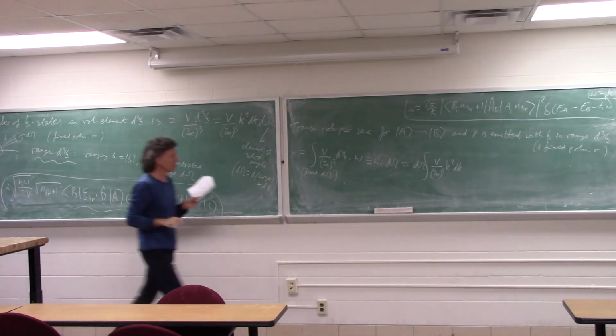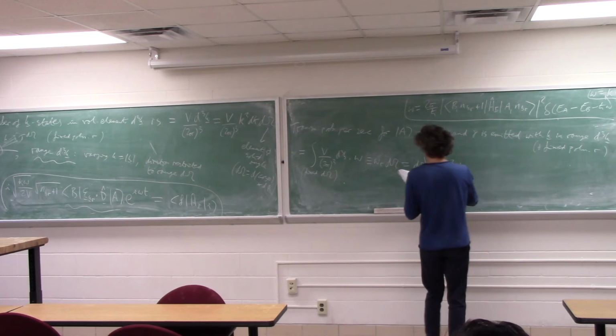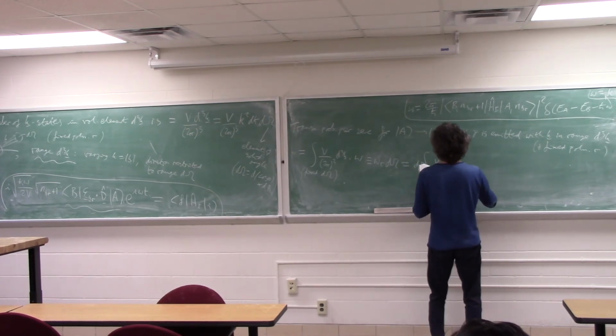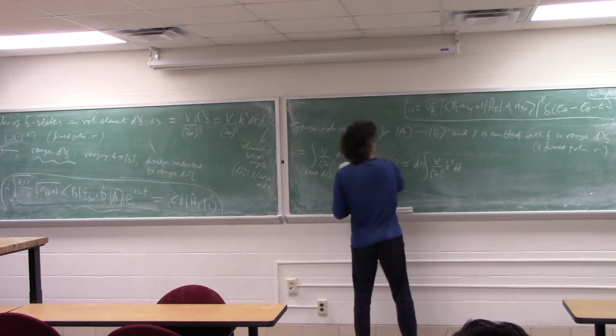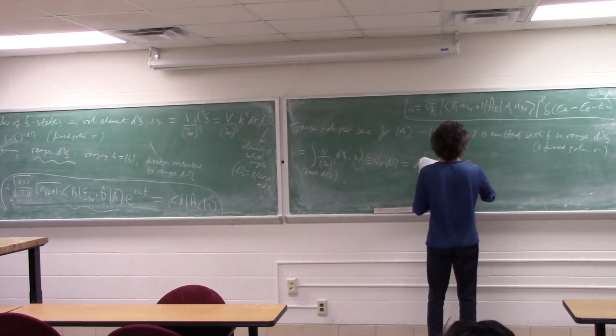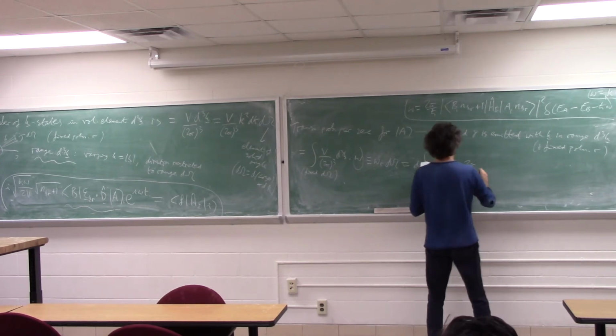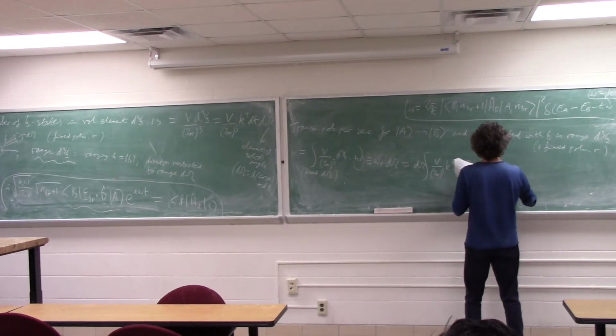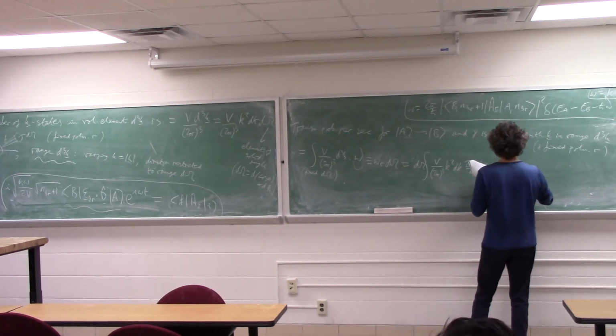So let's write it like this. And now, of course, we have our W from this formula: 2 pi over h bar, and the delta function of omega.